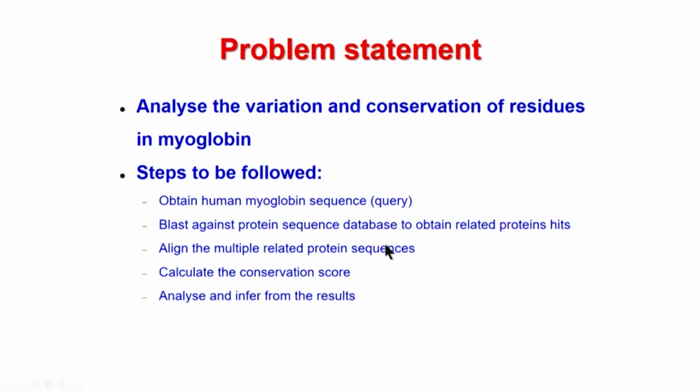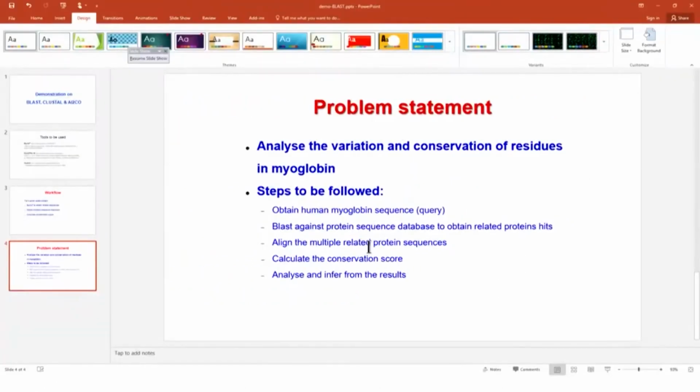Further, we will use these sequences to obtain the MSA, multiple sequence alignment. From the multiple sequence alignment, we will calculate the conservation score for each residue position using AL2CO. Further, we will analyze this and infer from the conservation results. To start, let us proceed with the first step.